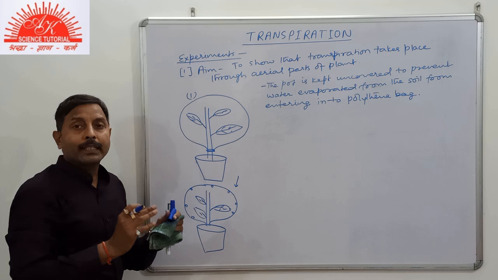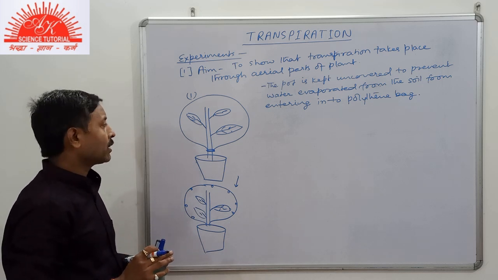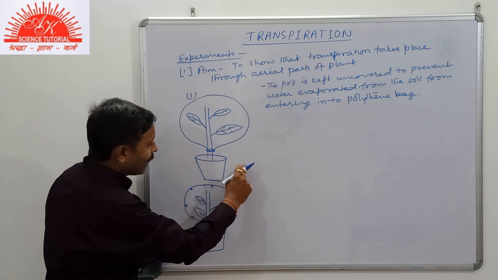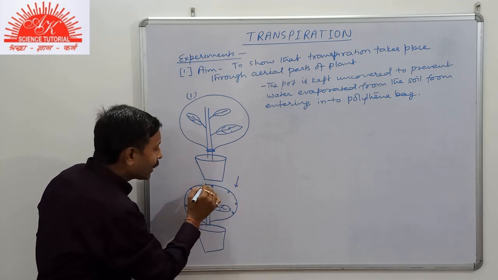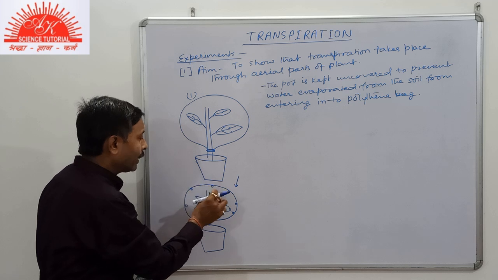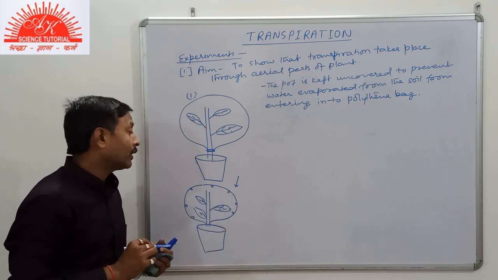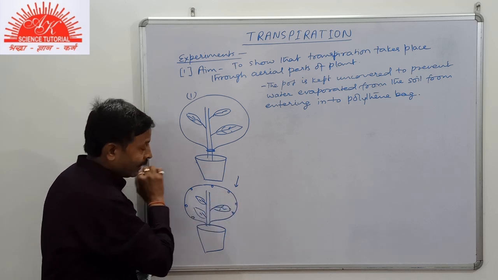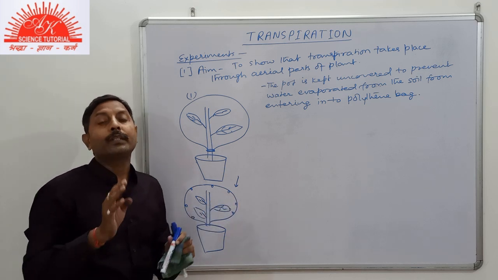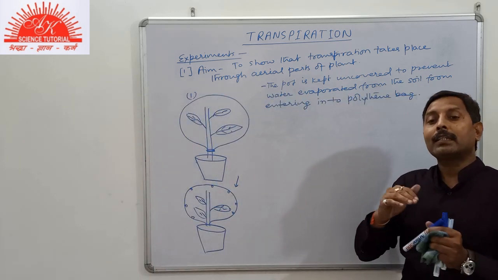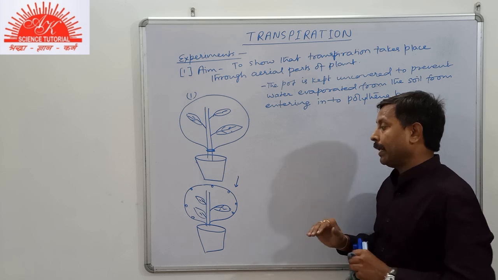Now the setup is kept in sunlight for a few hours, and then after a few hours we observe that colorless liquid droplets or water droplets are condensed on the inner surface of the polythene bag. This liquid can be tested as water with the help of blue cobalt chloride paper or anhydrous copper sulfate.